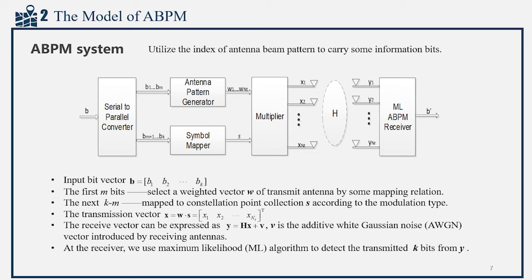At the receiver, the received vector Y can be expressed as Hx plus V. We use the maximum likelihood algorithm to detect the transmitted k bits from Y.